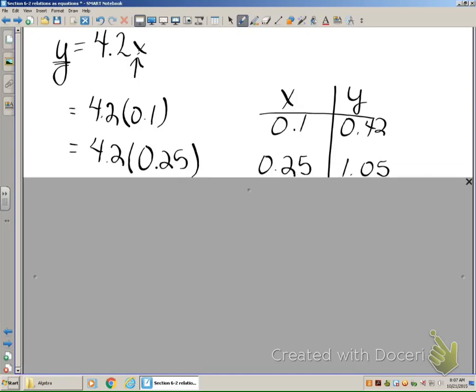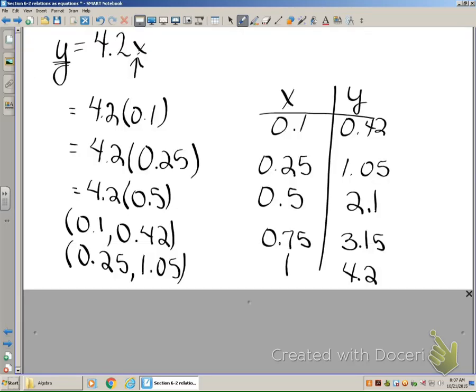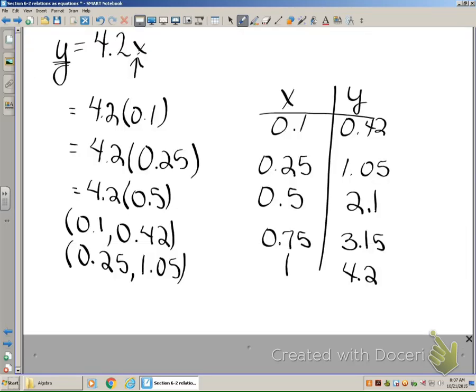If I plug in 0.25, 4.2 times 0.25 gives me 1.05. I'm just multiplying. Do that for a given set, and now I have a group of ordered pairs: (0.1, 0.42), (0.25, 1.05), (0.5, 2.1).